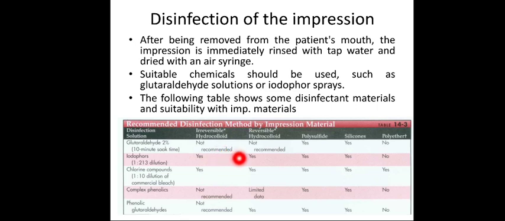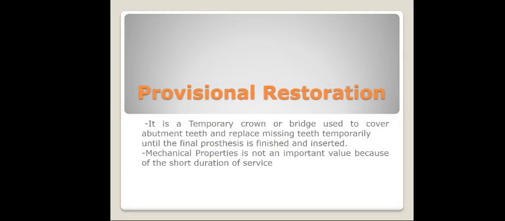Mainly the disinfectant may be glutaraldehyde or a chlorine solution such as hypochlorite. The impression is placed in hypochlorite for 5 to 10 minutes to be disinfected in order to give the proper cast, the working cast, that will be transmitted to the laboratory for construction of the restoration.